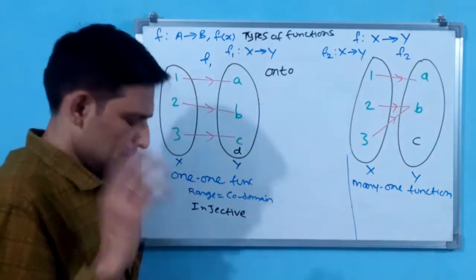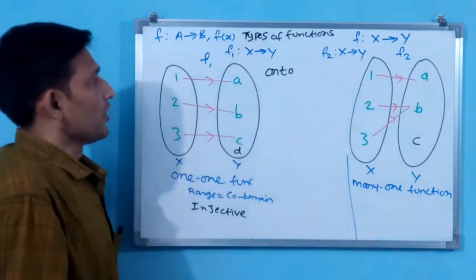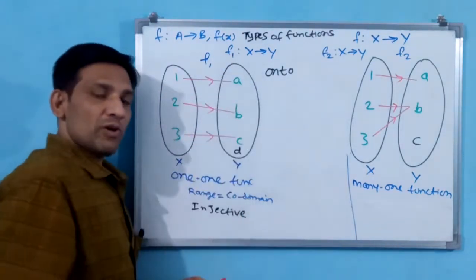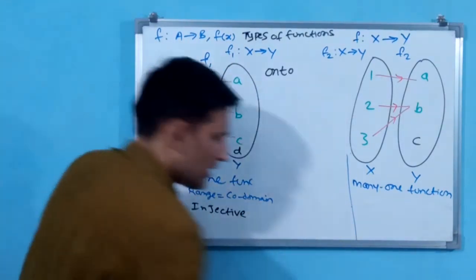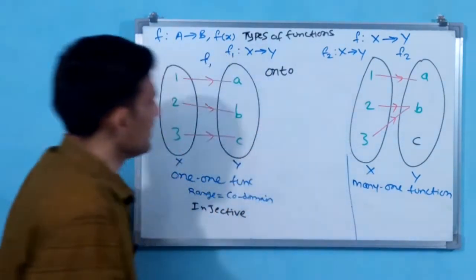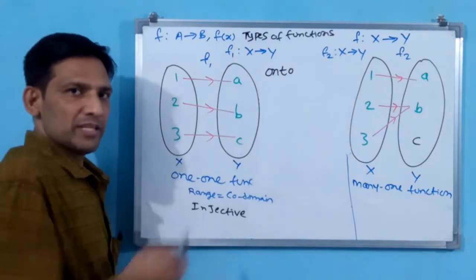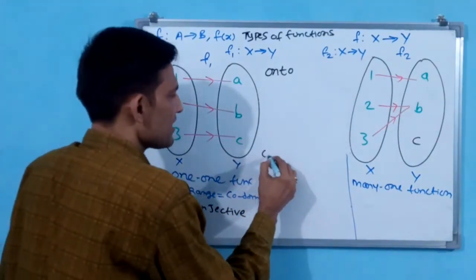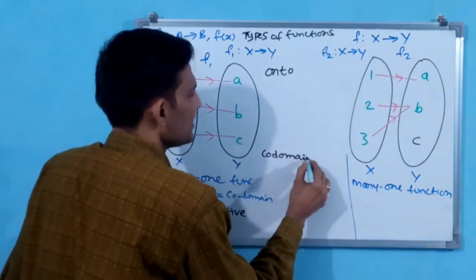Then onto function. What is onto function? Codomain equal to range. Say now here codomain and range both are the same. Here ABC is the codomain, equal to range.